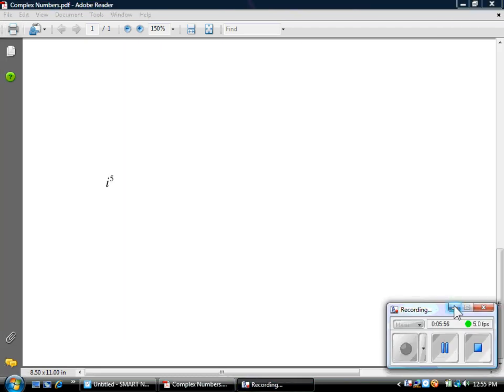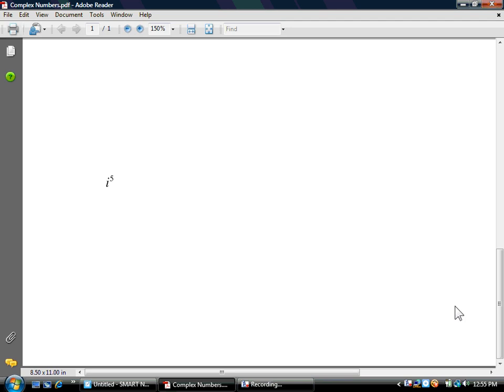Now the last expression we have is fairly simple considering the others that we've already gone through. Sometimes you'll see i with exponents larger than 2. So what we're going to do is basically break this one down and write this one in standard form.